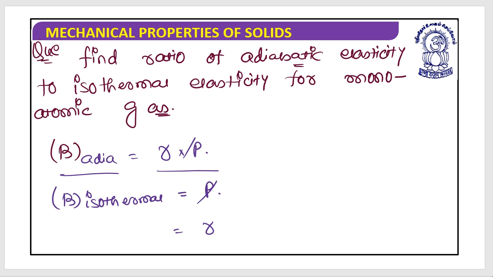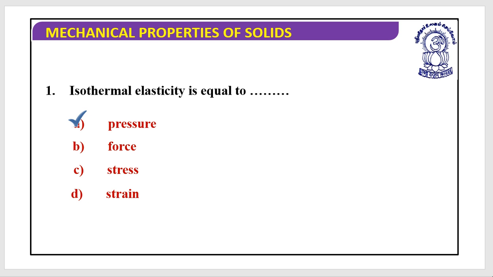Now which gas is it? It's monoatomic. This is equal to 5 by 3, or it could be written as 1.66. So you did it. Great job. I hope this is clear. Do you have any doubts up till now? No? Great. So let's have certain quick questions.